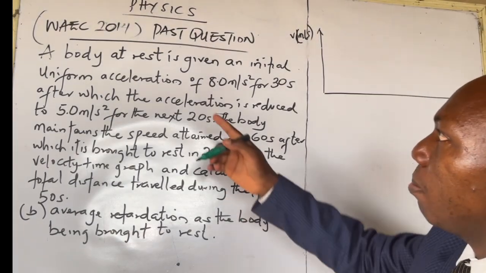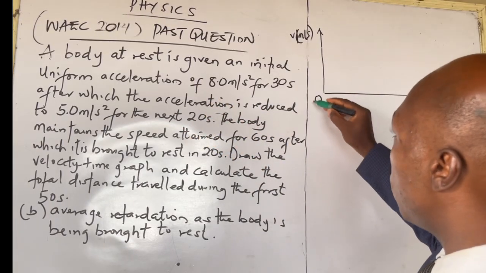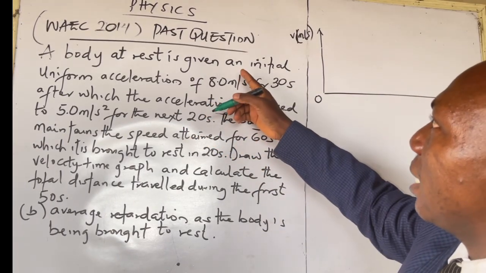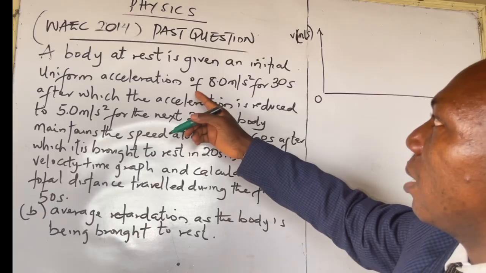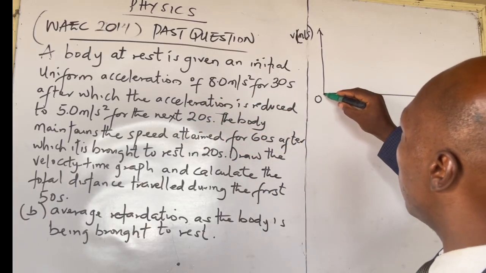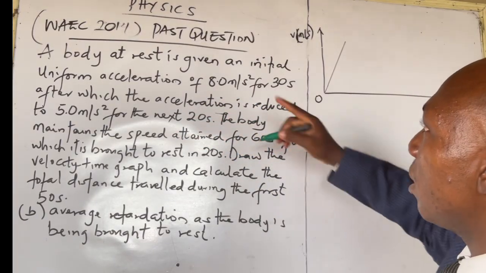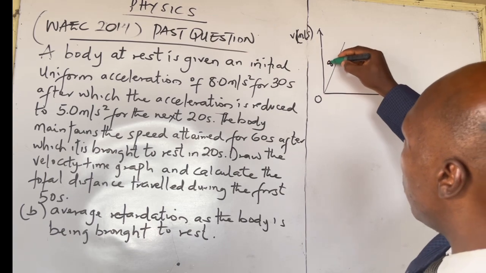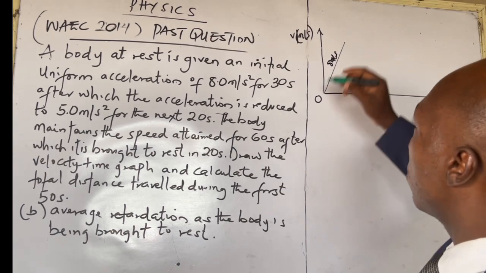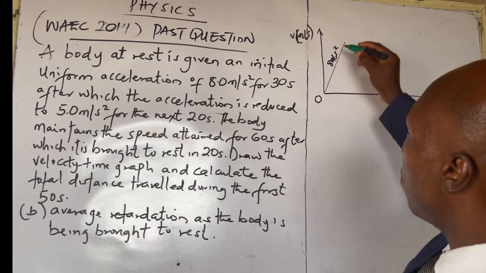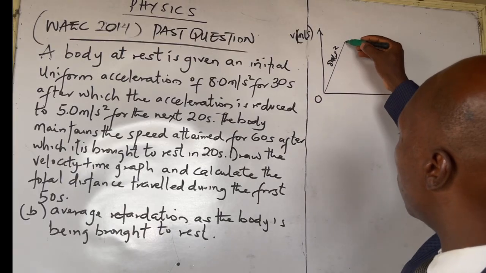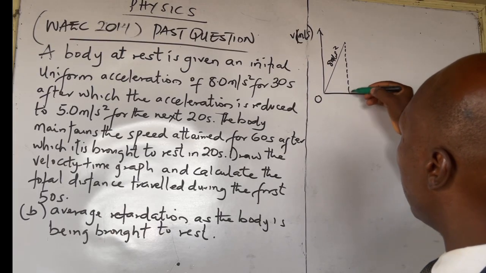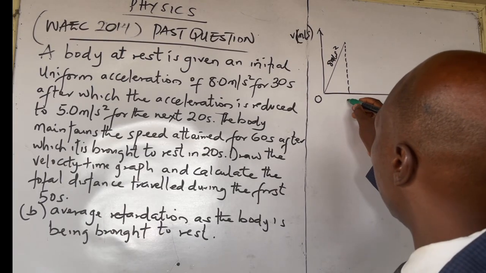So we are told that a body at rest, that means starting from 0, is given an initial uniform acceleration of 8 meters per second squared for 30 seconds. So the time attained there is 30.